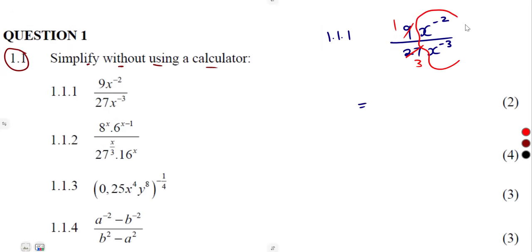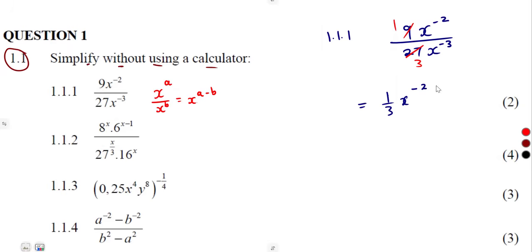But on this part where we are dealing with exponents, these bases here, which are the same, you must apply the laws of exponents. Remember, division of same bases, you subtract the exponents. So it's going to be a minus b, under the same base of x. So this here gives us 1 over 3. Then for our x, you are going to subtract the exponents.